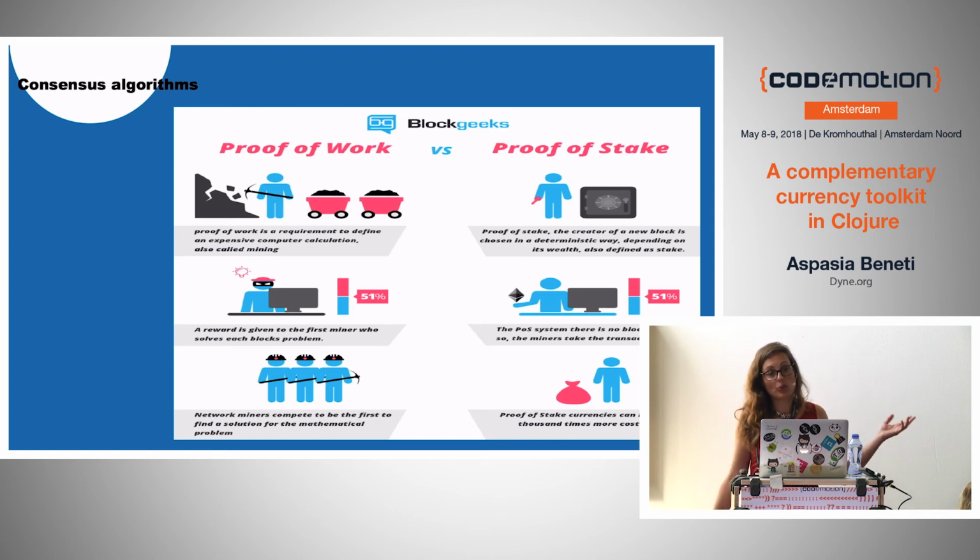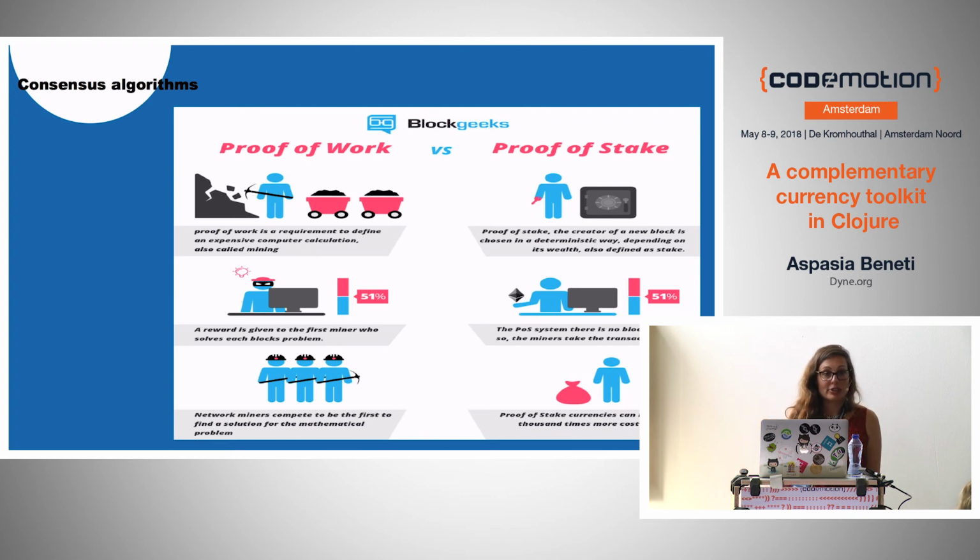The 2 main algorithms that are well known are proof of work, which Bitcoin is using, and it's, let's say, competitive. The winner takes it all. The winner gets a reward. It consumes a lot of energy, and that's not very nice. It's not very good for the environment.